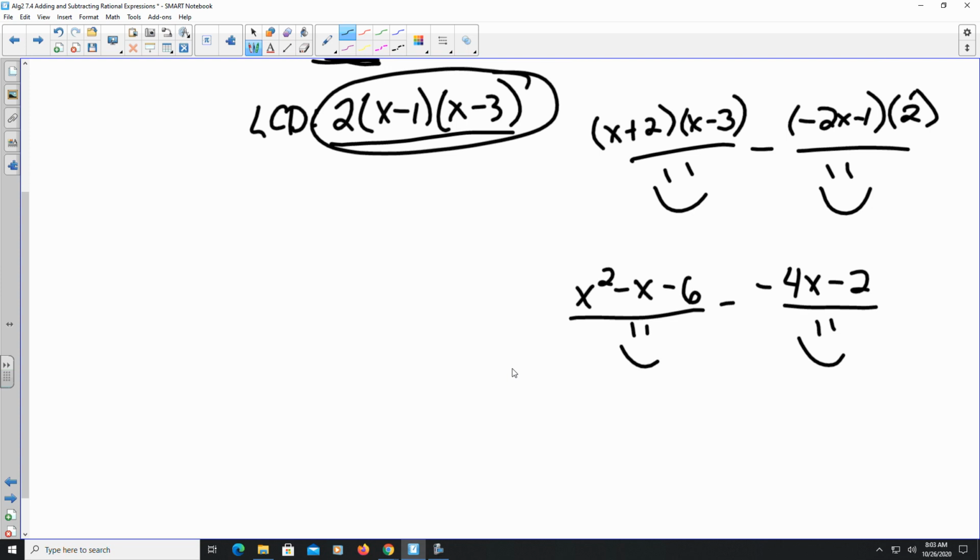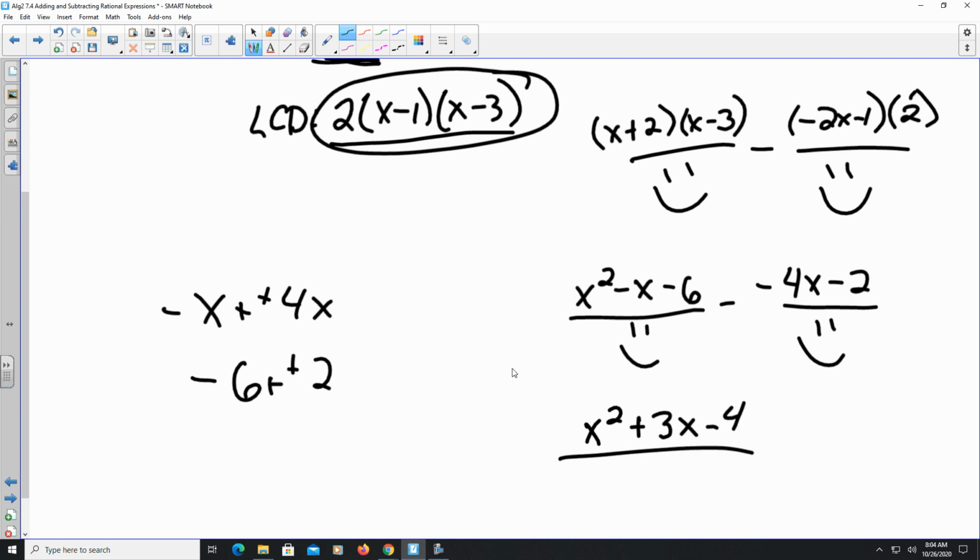There's no x squared on that, so I just leave it as x squared. Negative x minus a negative 4. So remember that's like a cross sign. So now this turns into actually plus 3x. And then negative 6 minus negative 2, remember? So it's like negative 6 plus 2, so that's minus 4. And this is going to be all divided by the LCD, which is 2 times x minus 1 times x minus 3.